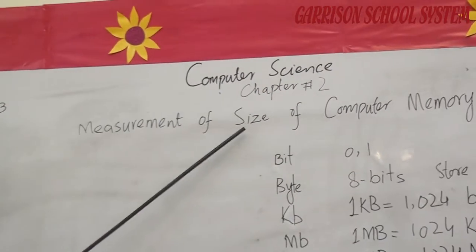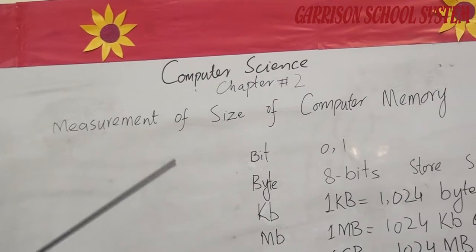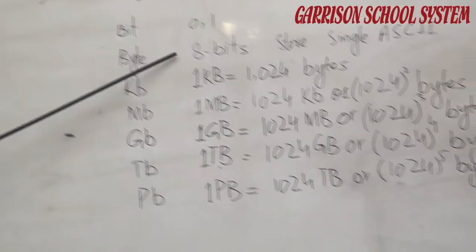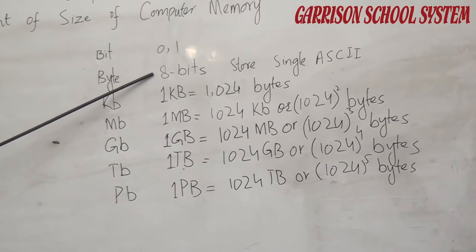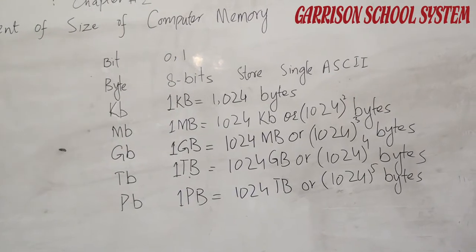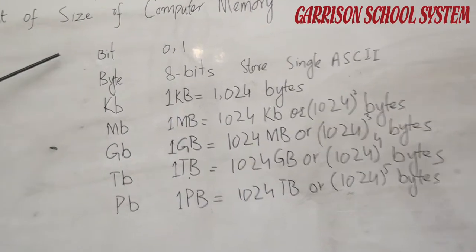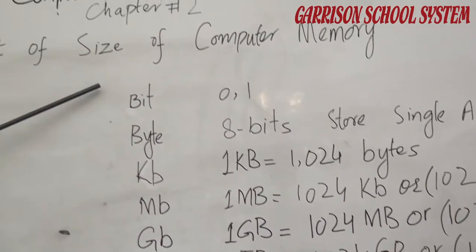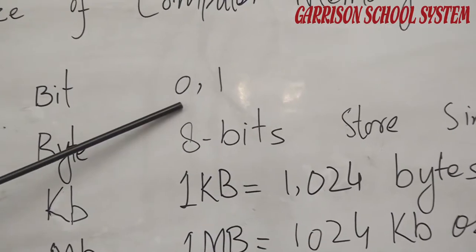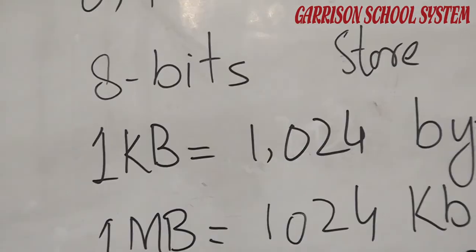Every character is stored in the form of 0 and 1, and nowadays the popular ASCII scheme holds 8 bits per character. The smallest measurement in a computer is the bit, which has two values, 0 and 1.